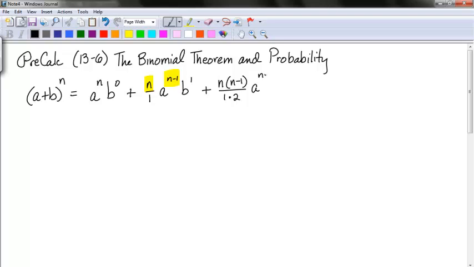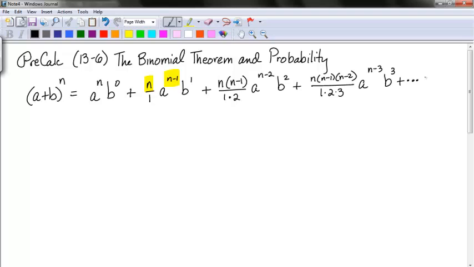Then a to the n minus 2, b to the second, plus. Let's go one more. Take that exponent times the number in front. So it's n times n minus 1 times n minus 2, and it's all over 1 times 2 times 3. A to the n minus 3, b to the third, plus.